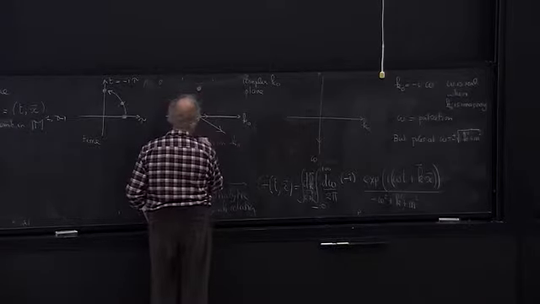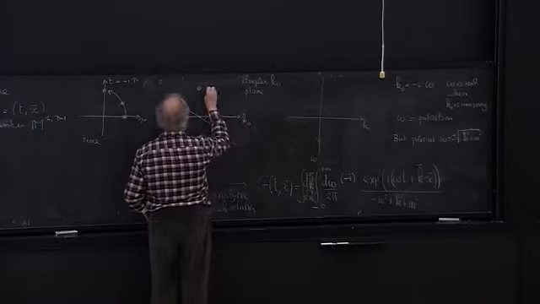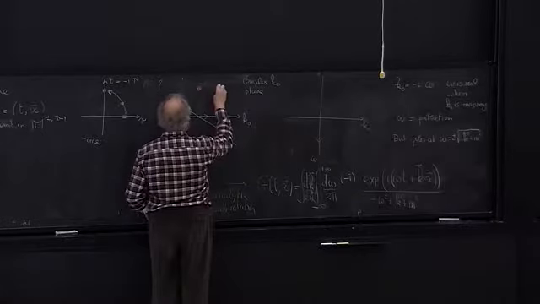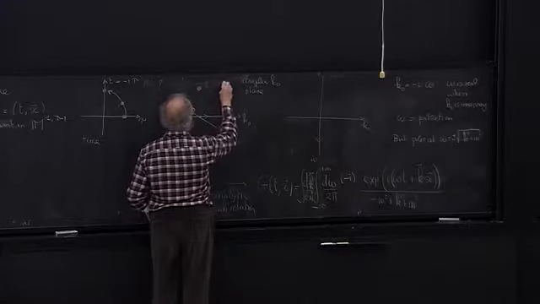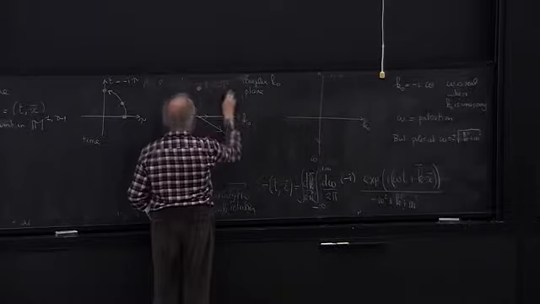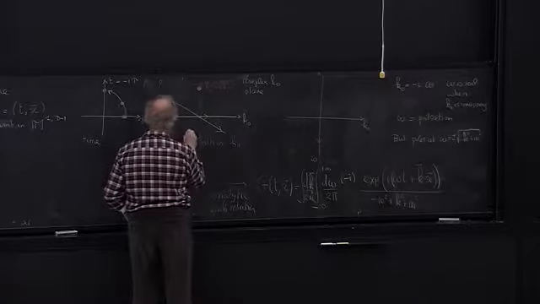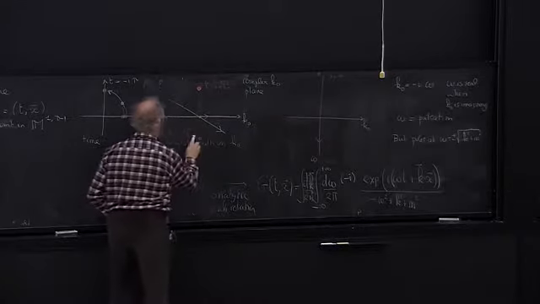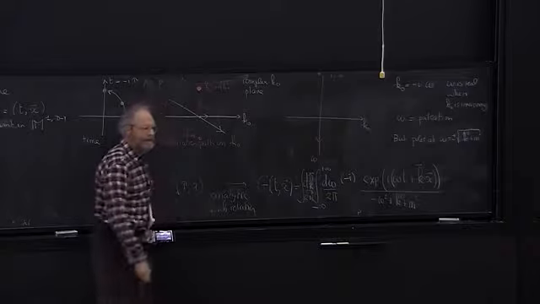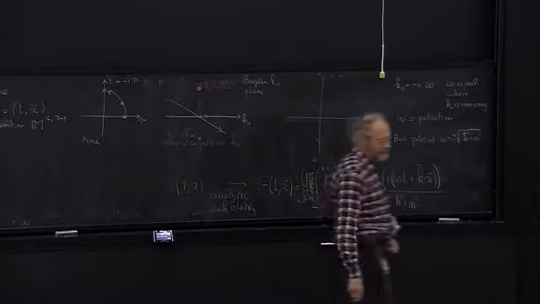And this has a pole here at k naught equal plus i square root of k squared plus m squared, and at k naught equal minus i square root of k squared plus m squared. Okay? Yes? So there are two k zeros there.